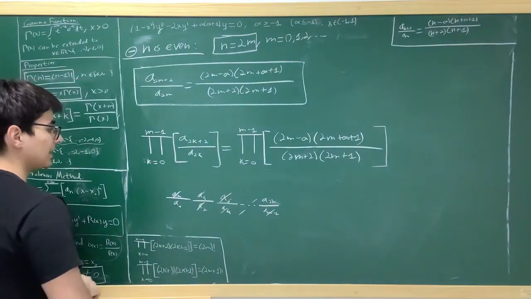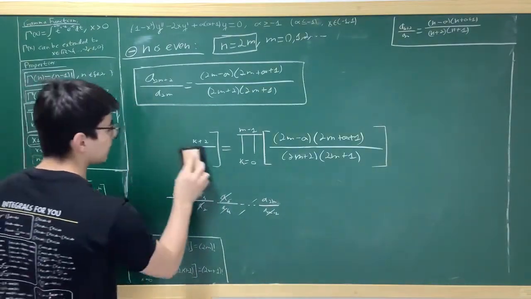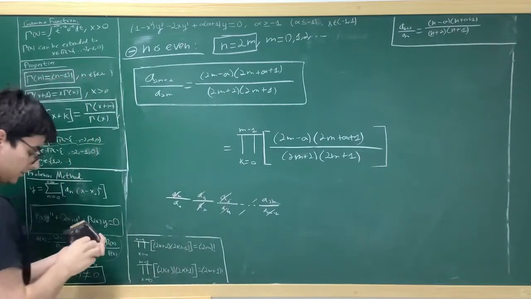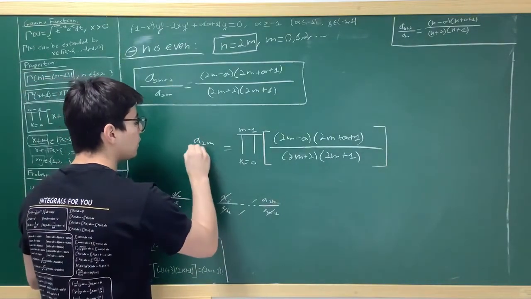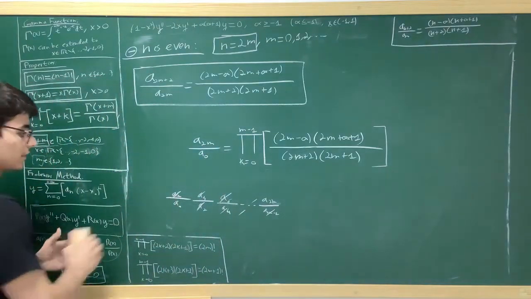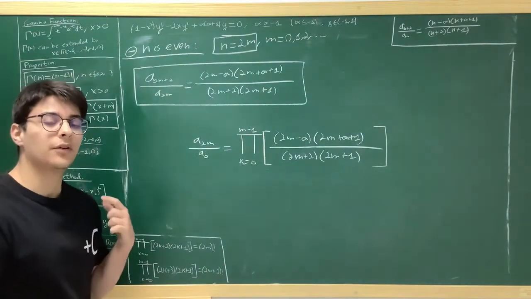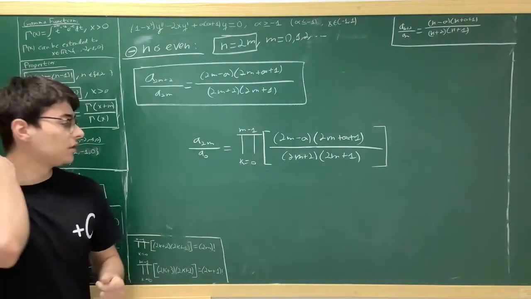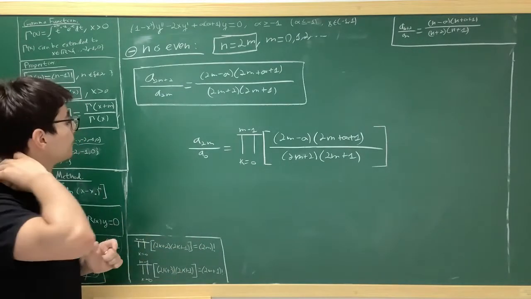So let me just write this here. So this is just a 2m over a naught. Okay. And well, what is a naught? A naught really is an arbitrary number. We can choose a naught as we want, of course it cannot be 0 as we said earlier, right?